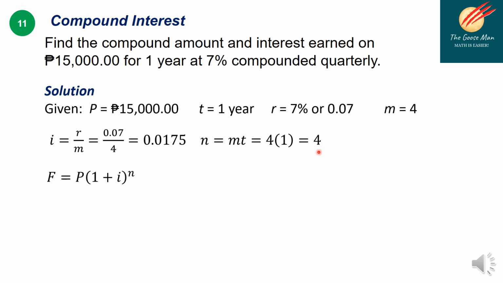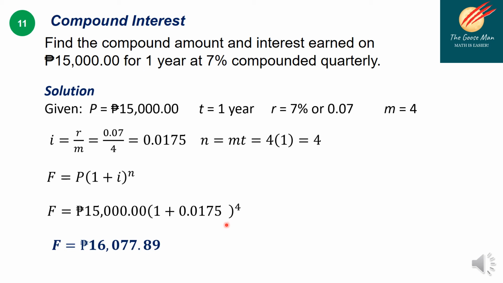Again, the future value is equal to present value times 1 plus i raised to n. So simply substitute 15,000 times the quantity 1 plus 0.0175 raised to 4.